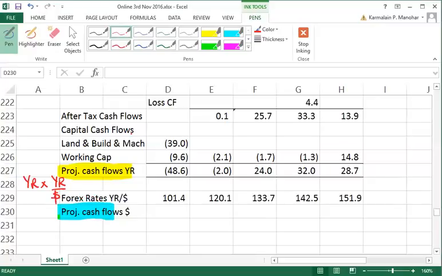Yeah, that sounds like a thing, but that doesn't seem to be helping me in my conversion. Base currency. The base currency is dollars, right? In the exchange rate. And if I am multiplying YR by YR, that will not cancel anything.